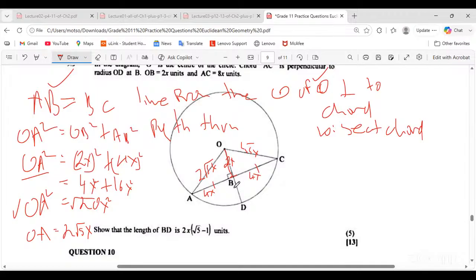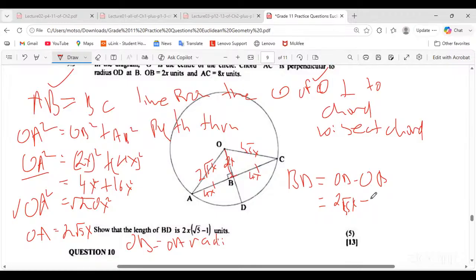Now, in order for us to find BD, it is OD minus OB. But before you go there, you will say OD is equal to OA. Why? They are both radii. Then now, what is OD? OD is equal to OA. It will be 2 square root 5 x minus OB.